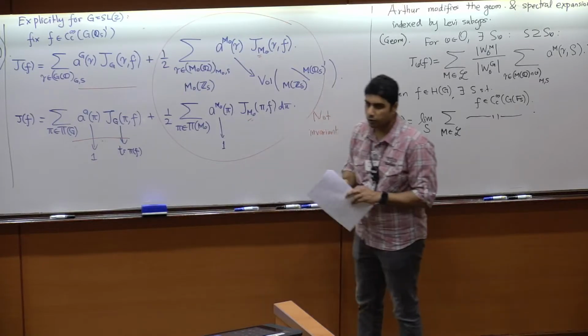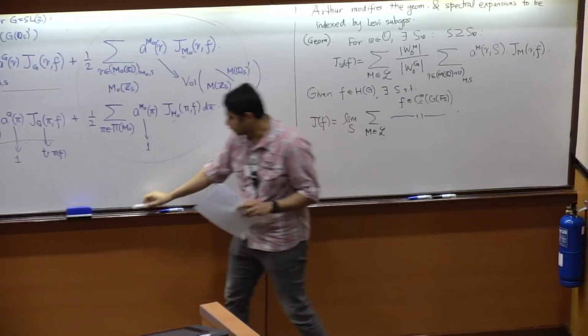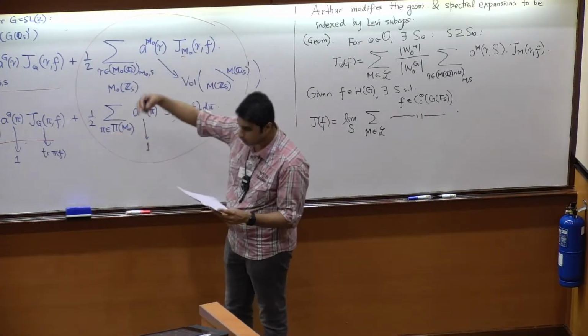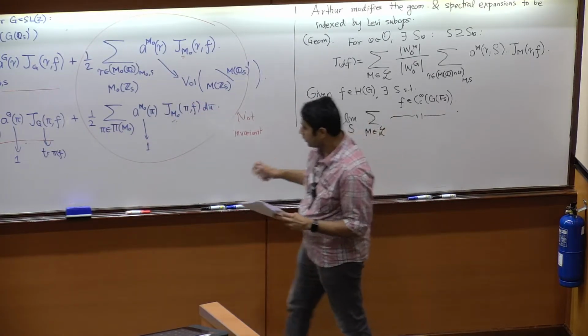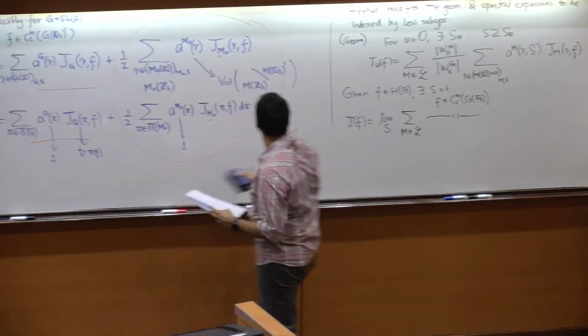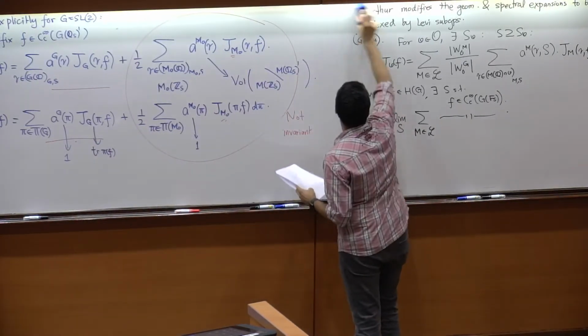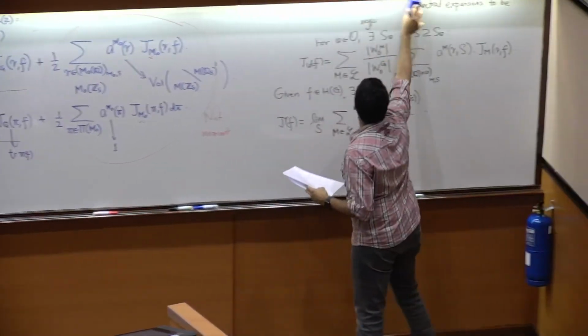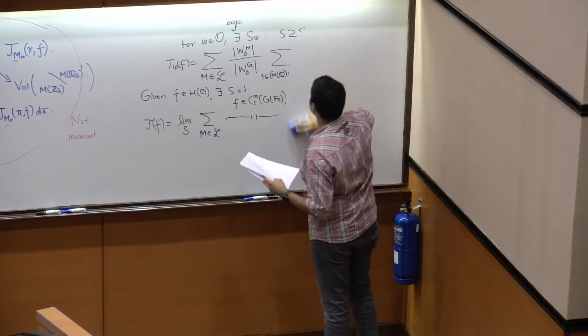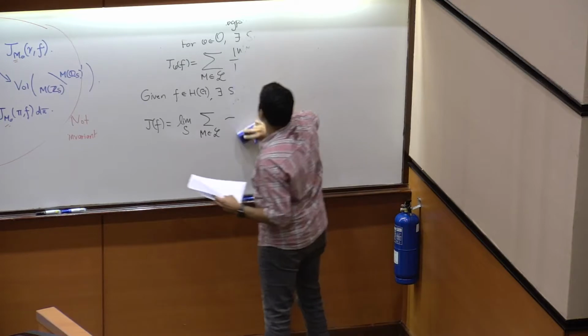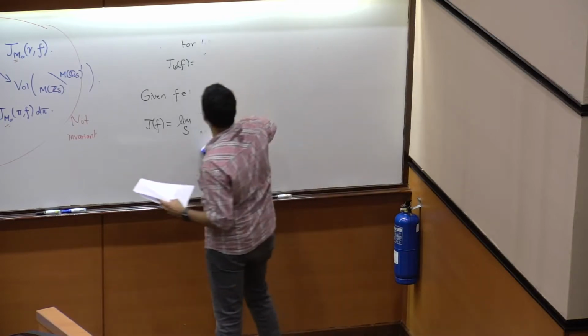So Arthur has to modify these distributions to convert this trace formula into an invariant trace formula. So I will briefly explain what is going on there. And since our M0 is abelian, things are simplified, and actually there's a Fourier inversion formula there.